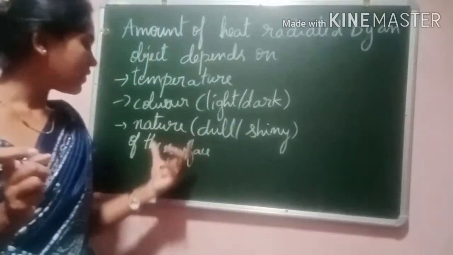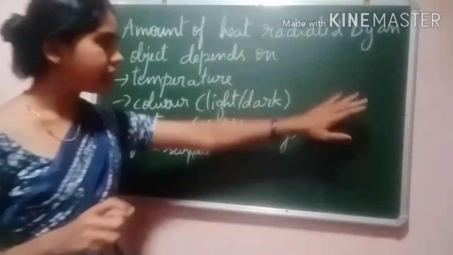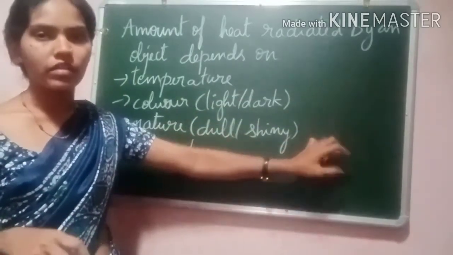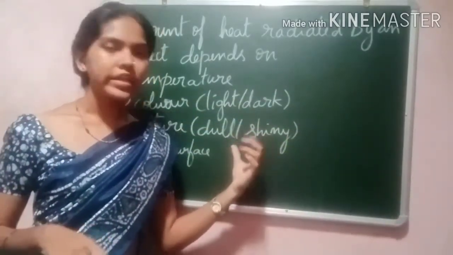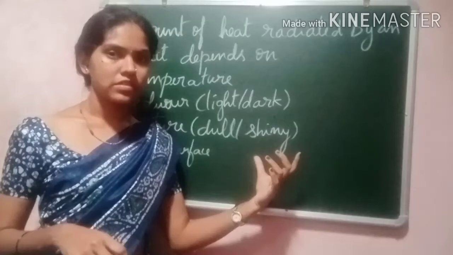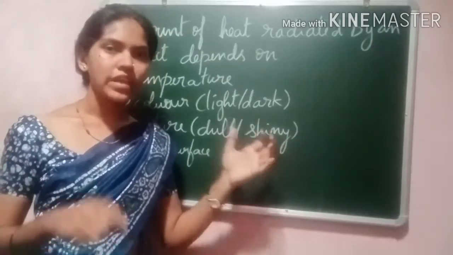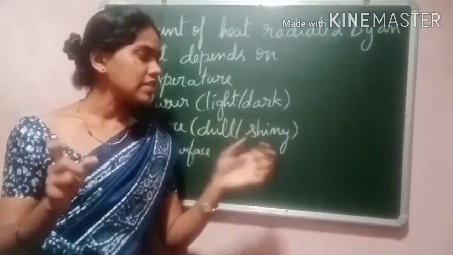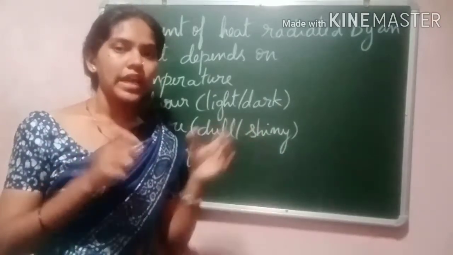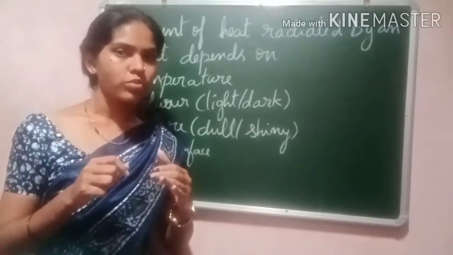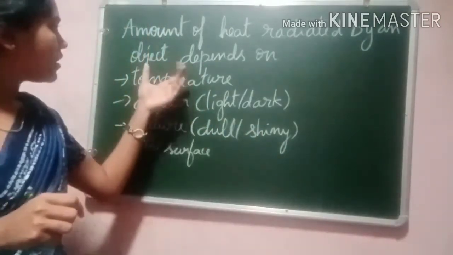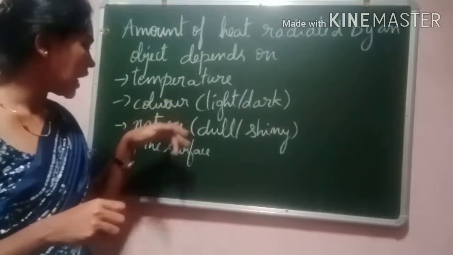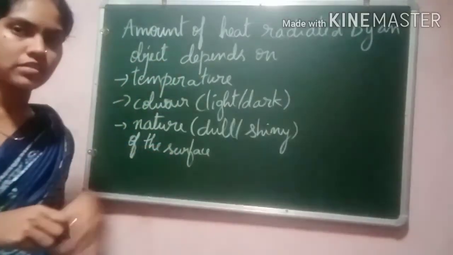Then the nature of the surface, whether it is shiny or dull. The shiny surface radiates more heat energy, whereas the dull surface radiates less energy. So the heat radiated by an object depends on temperature, color, and nature of the surface.